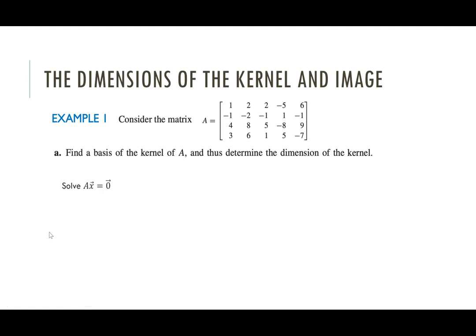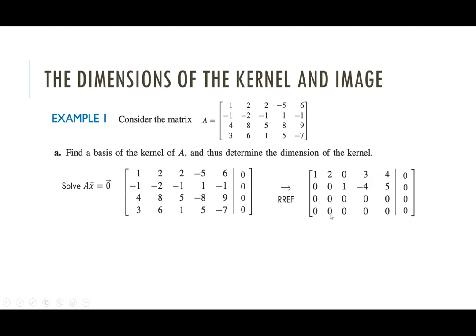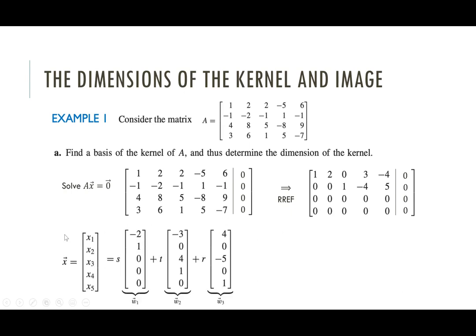In order to find the kernel, as you know, we have to solve the system AX equals 0. In order to do that, we set up that system and find the reduced row echelon form, and then I trust you've done this enough times, you translate this back into equations, and then you solve for your leading variables, and you make your free variables parameters, you separate out, and you get something like this, where your x vector is equal to, we've got 3 parameters because we have 3 free variables.